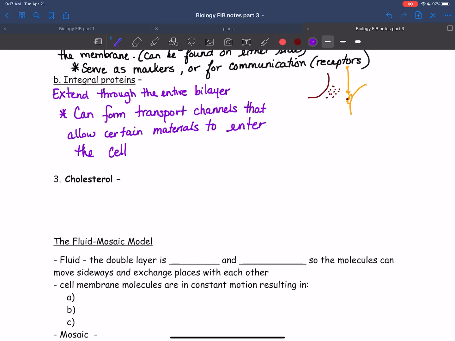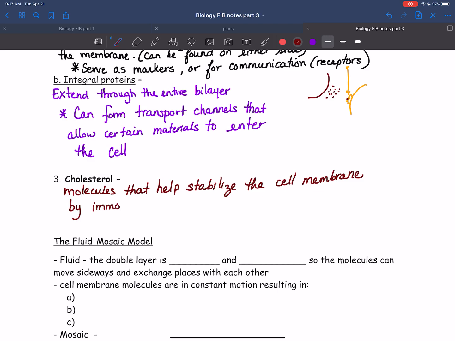And then we have cholesterol. So cholesterol, these are molecules that help stabilize the cell membrane by immobilizing the tails of the phospholipids.